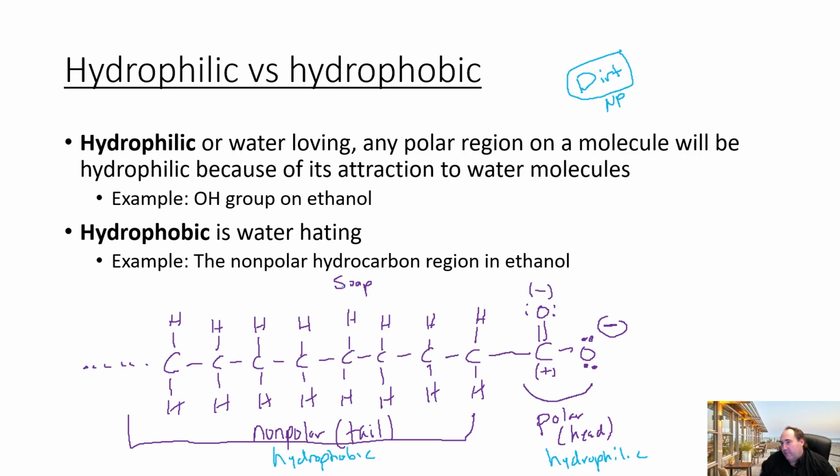And what that means is when you put soap to, say, wash your hands or whatever it may be, the non-polar tail of soap is going to be attracted to the dirt, which is also non-polar. Once again, like dissolves like. So what I'm going to do, instead of drawing all those carbons and hydrogens, I'm just going to represent them as this kind of mountain zigzag range.